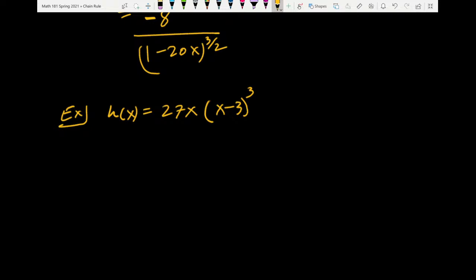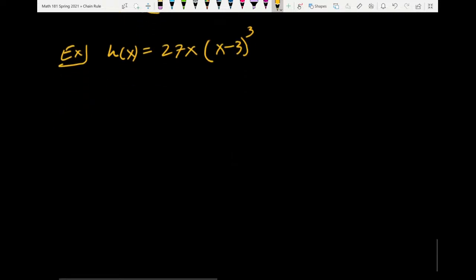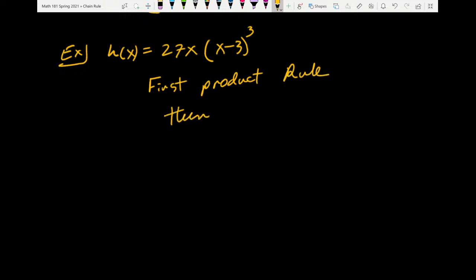Okay. No, I haven't done that problem yet. All right, so let's do this one. That's a hard one. All right, so we're gonna use first the product rule, then the chain rule.